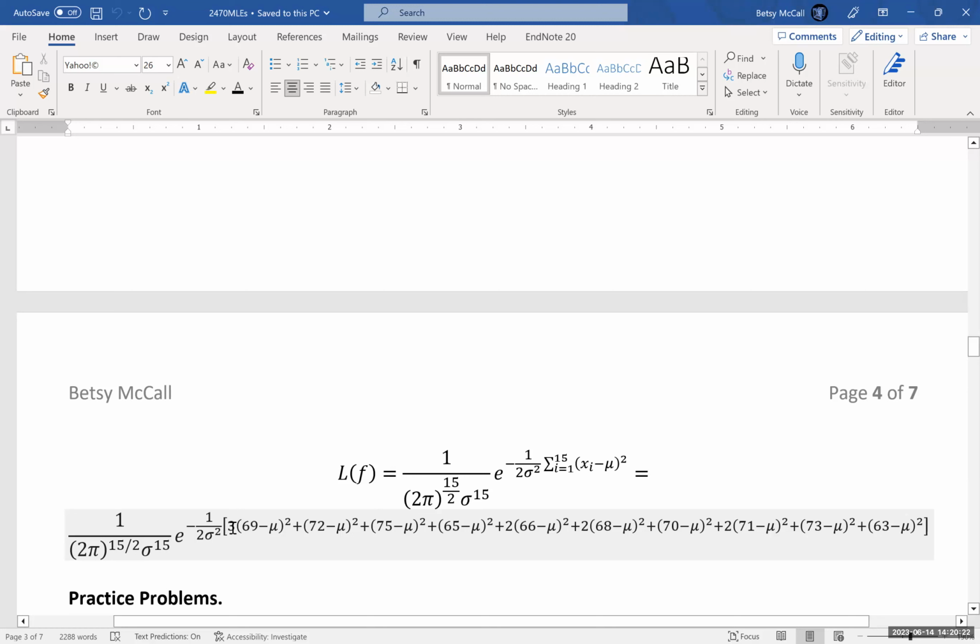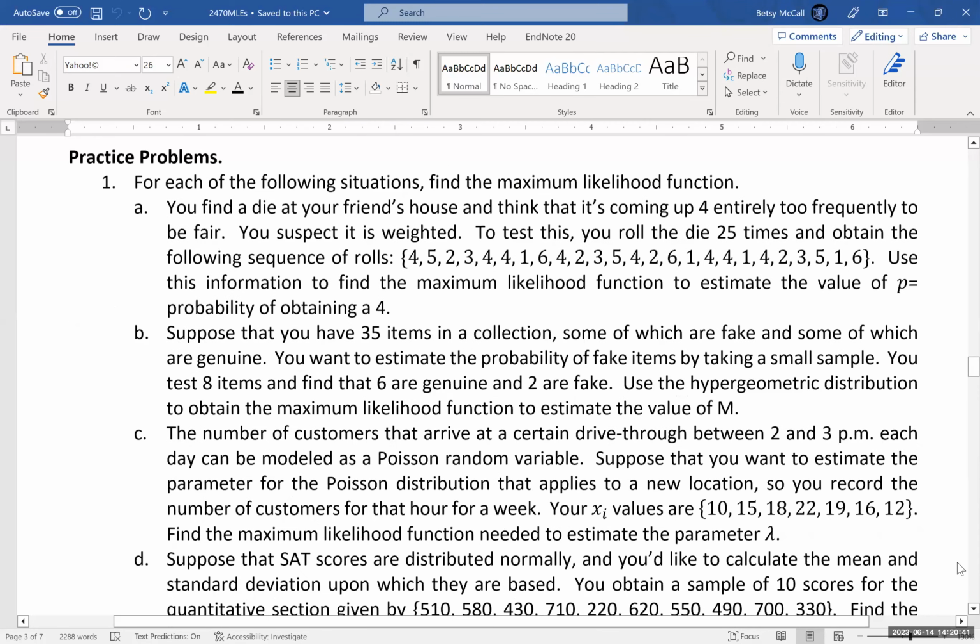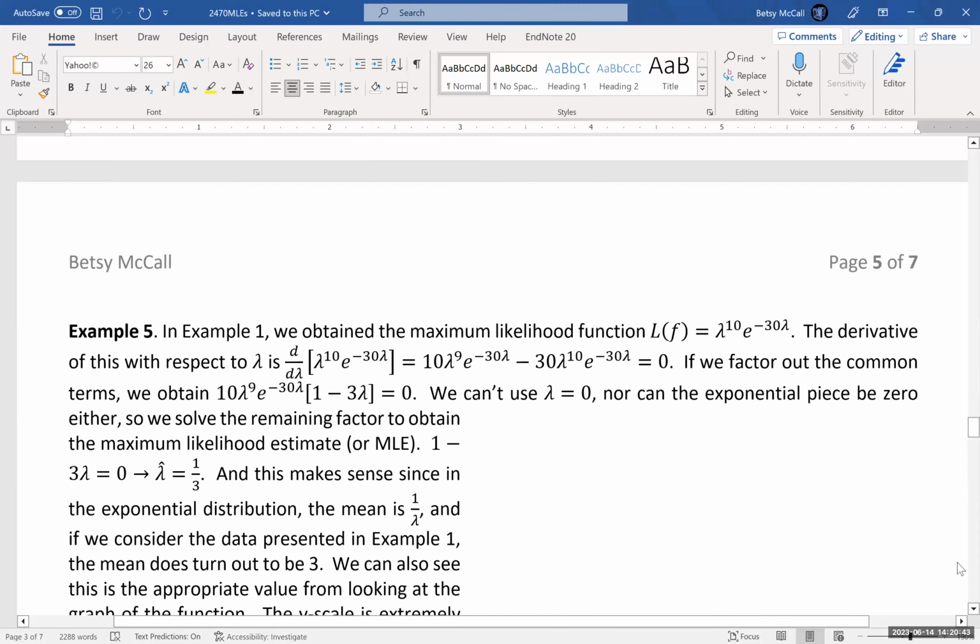Now, once we have this maximum likelihood function, just like with the one variable case, we want to take the derivative and set it equal to 0. But because we have 2 parameters to solve for, mu and sigma, we actually have to do partial derivatives. So let's go look at that analysis.